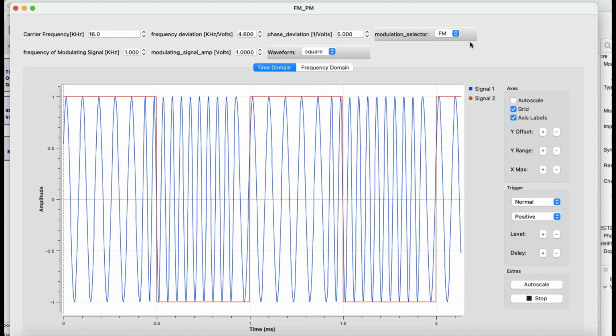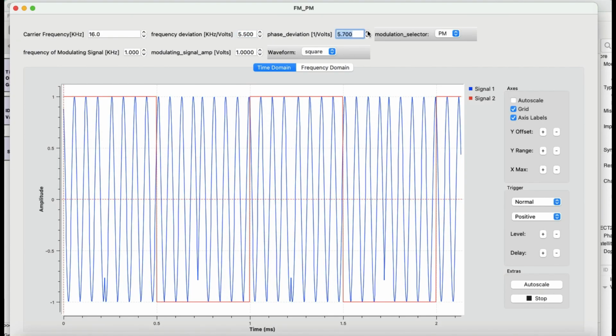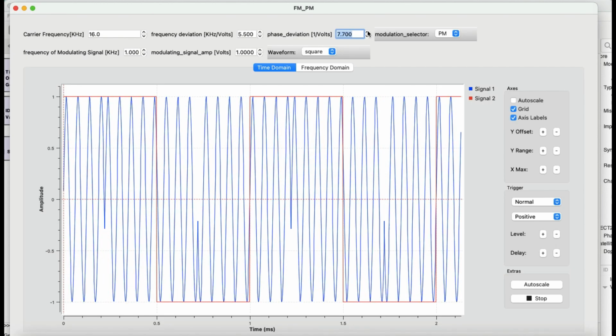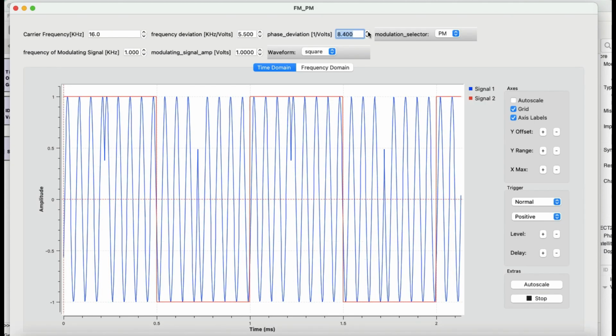The second thing is phase modulation. Let's look at phase modulation. You can clearly see in a square wave a change in phase. Now when you have phase modulation selected, this will not do anything because you have to make changes here. So you can see a change in phase clearly here, in your waveform.